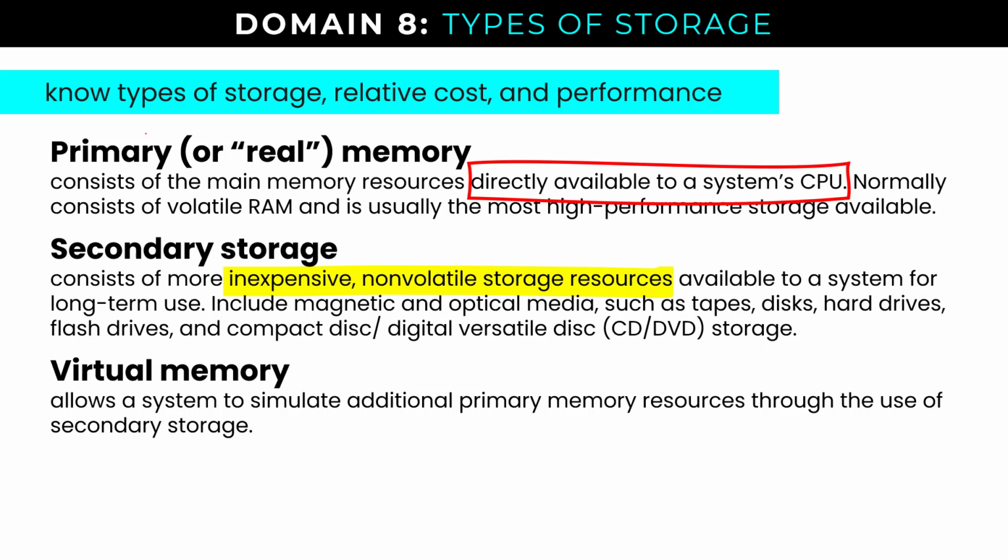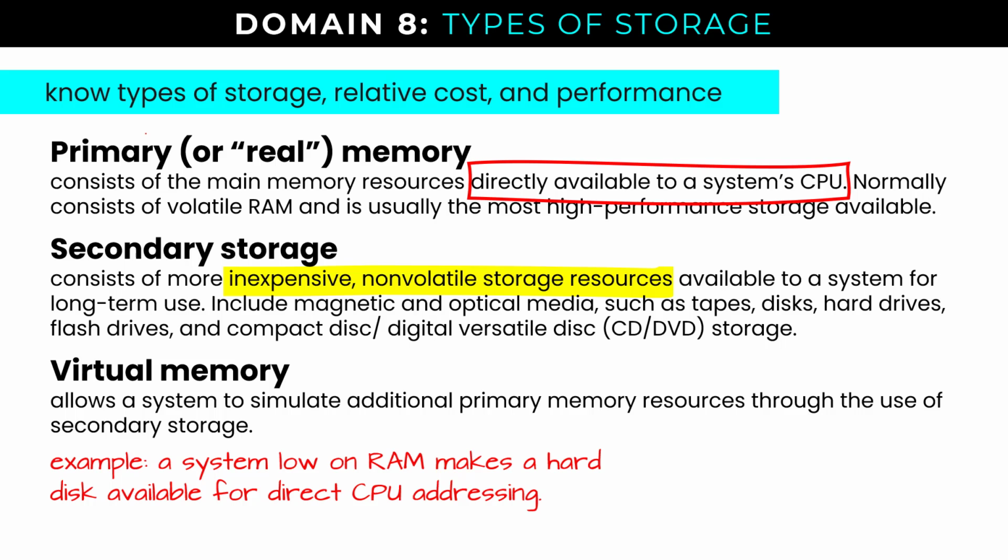So for example, on a Windows system, you'll have a setting in the operating system that defines virtual memory by default. And if a system is low on real memory, on RAM, it can make hard disk space available for direct CPU addressing. So it creates a memory space on disk, so to speak. So it can flush data out of real memory to the disk so it can then work in memory. How virtual memory works exactly is not super important, but understand that virtual memory is when a system low on RAM makes disk available for direct CPU addressing.